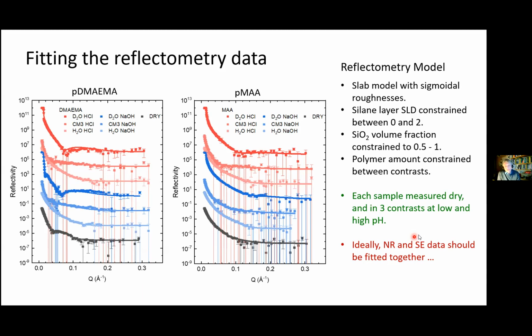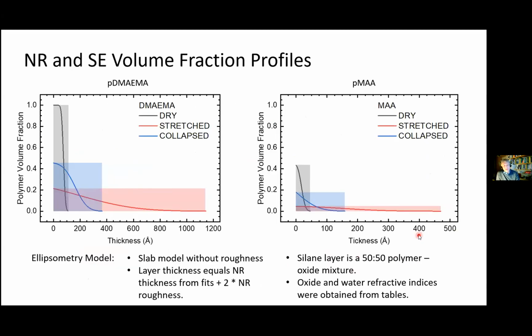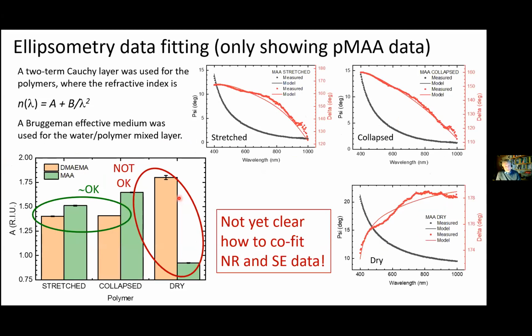I'll show an example of what you can get from the fitting. From the reflectometry data, we obtain volume fraction profiles under dry, stretched, and collapsed conditions. Here we use the thicknesses obtained from this fitting as input to the ellipsometry model, and then calculate the optical properties we obtain from the ellipsometry model with this data. And for the optical properties, we are using a Cauchy layer with 2 parameters, where A is basically the refractive index.